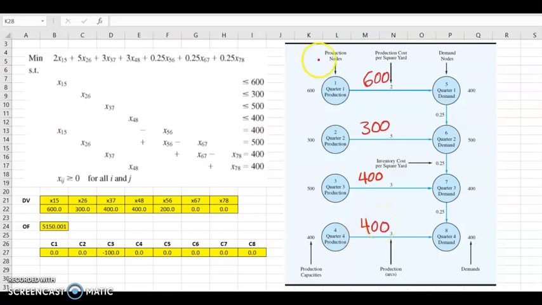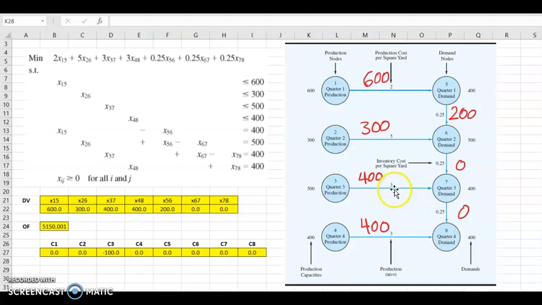See how much everything makes sense according to the things that we discussed before. Here it says to send 200 square yards of carpet to quarter 2 from quarter 1, and you don't need to send anything from quarter 2 to 3 and 3 to 4. See how much it makes sense.